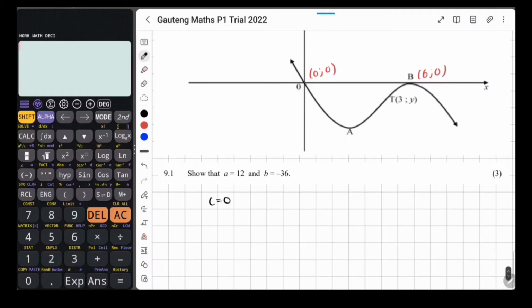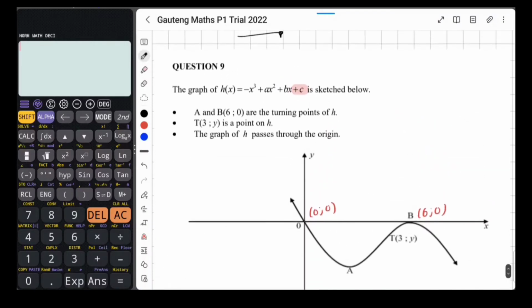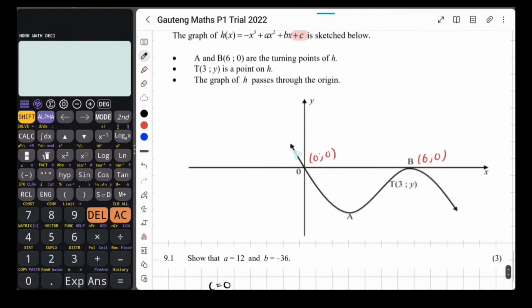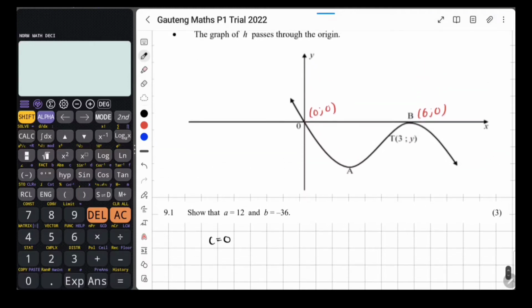But now, based on the way this graph looks, there is another easier way to actually solve for this. Remember that this is a graph that has an x-intercept that is also a turning point. The equation of this graph in the x-intercept format would look like this. We have two x-intercepts here, one here and one here.